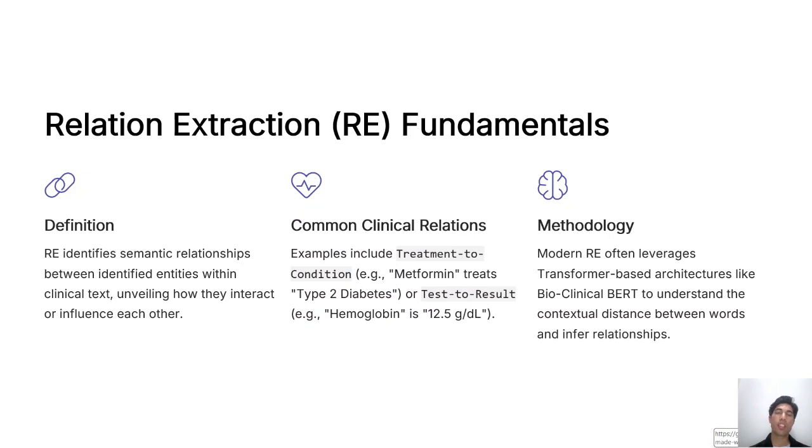So we can leverage these pre-trained transformer architectures and use them for relation extraction tasks in biomedical data. We have architectures like BioClinicalBERT or MedBERT to understand the contextual distance between words and infer relationships. So there are these pre-trained models and we can also fine-tune them with our own data.